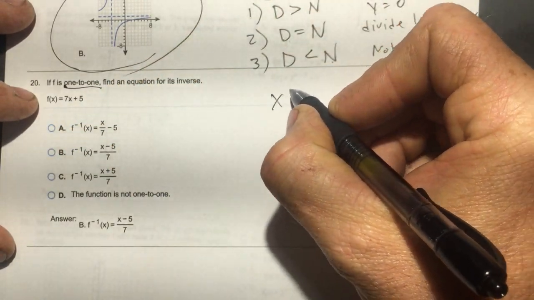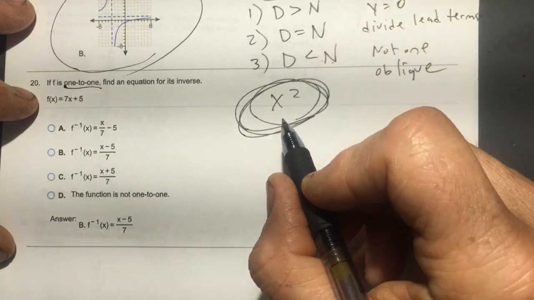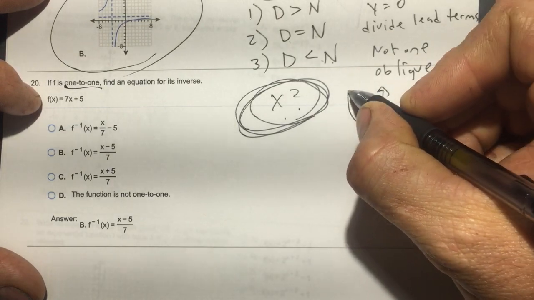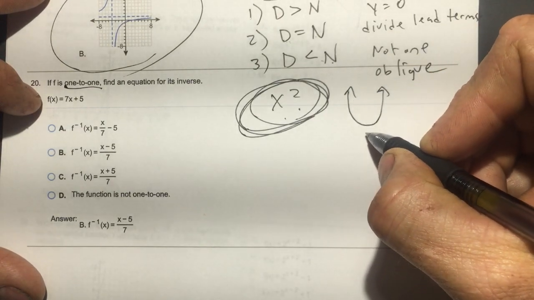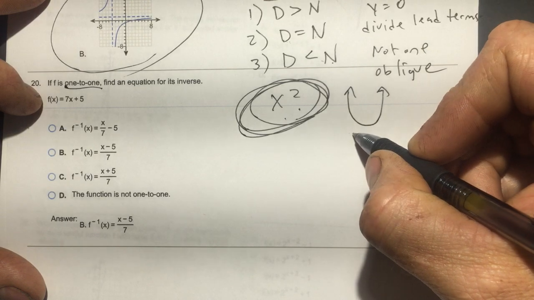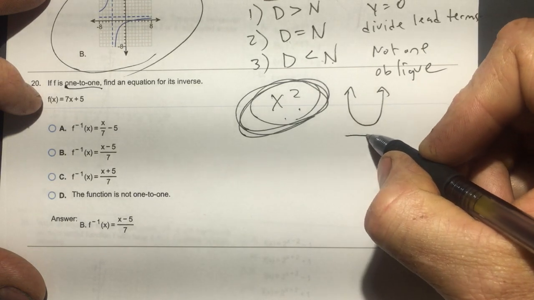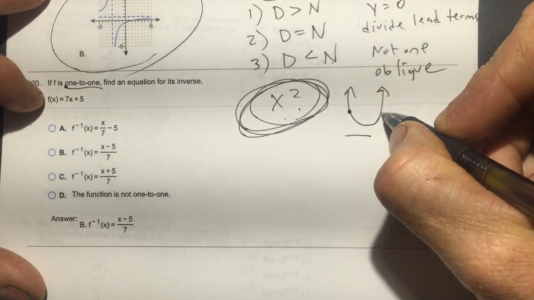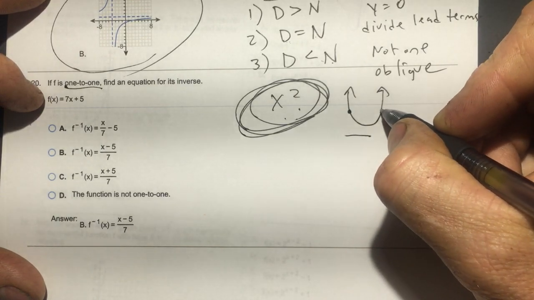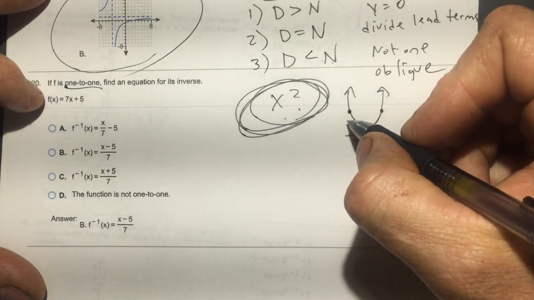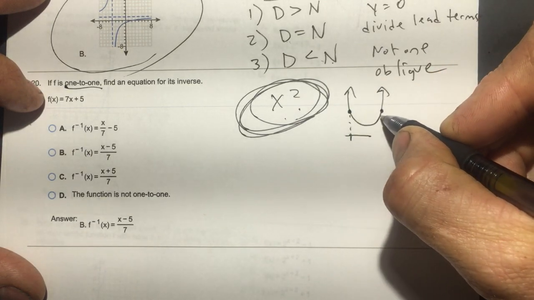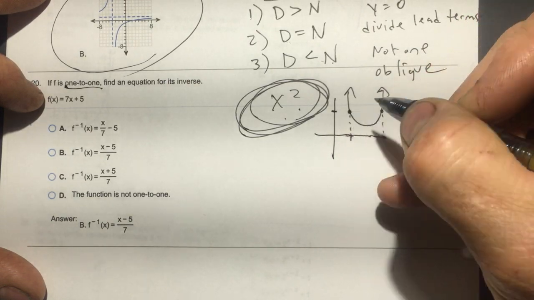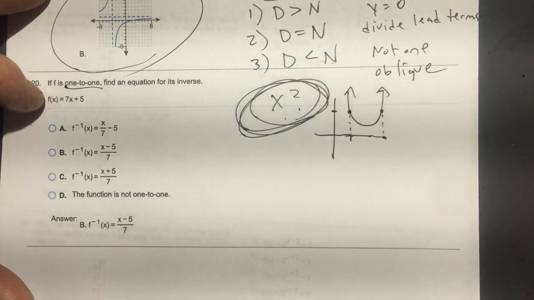If you have x squared, remember this, that's going to be a parabola like this, which is not 1 to 1, because it's possible I could have two x values with one y value. So I could have this x value here and this x value here for whatever y value this is right here. So it's not 1 to 1.